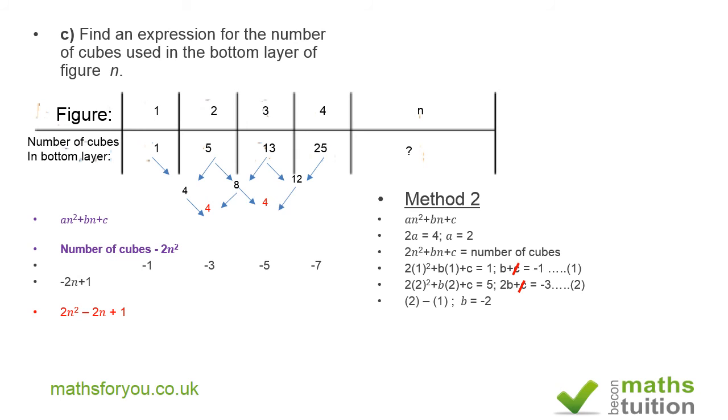We end up with c equal to 1. So we now have that b is minus 2, c is equal to 1. So our final expression for figure n is going to be 2n squared minus 2n plus 1.